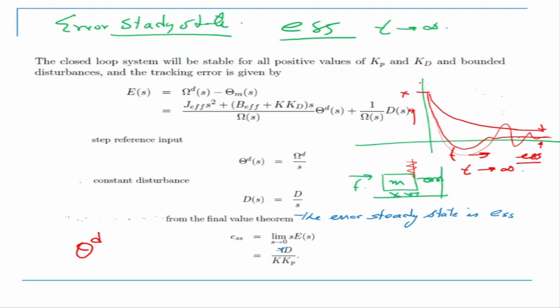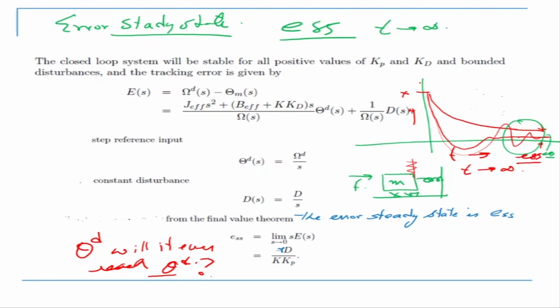Will it ever reach theta d? The way I have drawn the graph, you can see there is some gap. That gap is my ESS. Irrespective of what you do, it is never going to reach; there will be some small error. How much is the small error? We want to know. How do we find that?